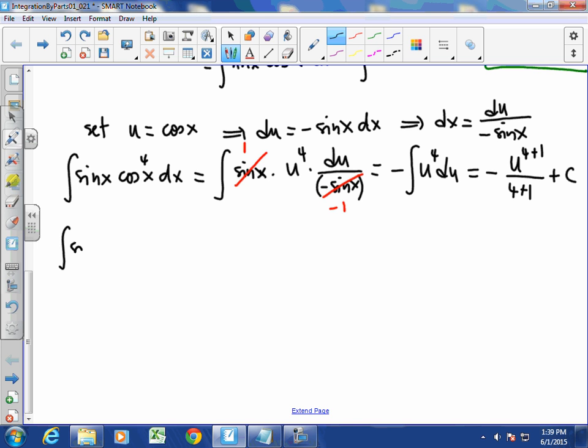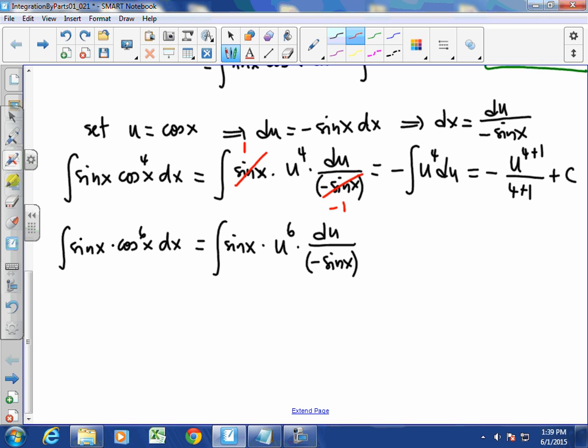Integral of sine x cosine to the 6th x dx is going to give us integral of sine x times, now we are replacing cosine with u. So cosine to the 6th x is going to be u to the 6. Now dx is du over negative sine x. Doing what we just did for the previous one, sine x cancels out, you get 1.